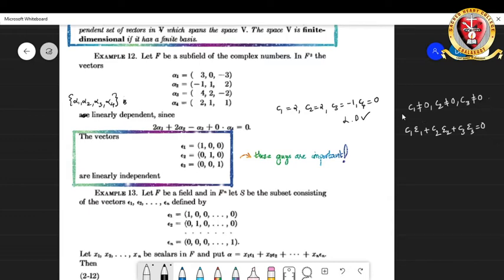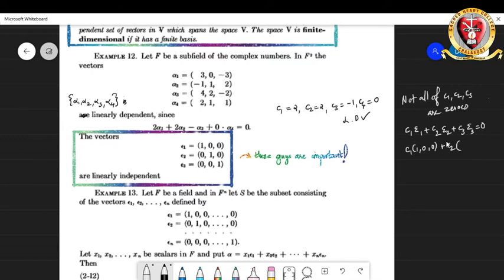Okay, so this is assumed and we are assuming this. That means C1 into 100 plus C2 into... or we can put it in a better manner like this: not all of C1, C2, C3 are zeros.